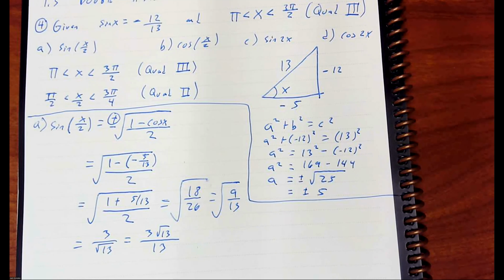How do you know which side goes with which sign? Look at the quadrants, right? We know that everything here is positive.